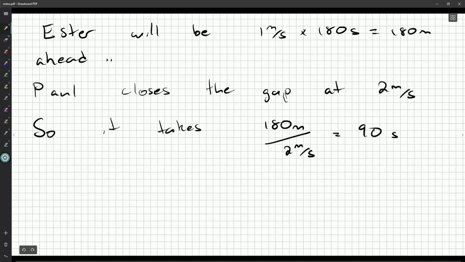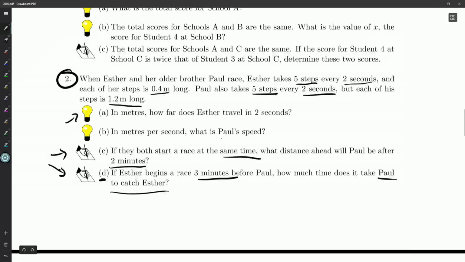So it takes 90 seconds, or 1.5 minutes, for Paul to catch up to Esther. And I think that's all we were asked for. How much time does it take for Paul to catch up to Esther? 90 seconds, or if you wanted to, you could convert it to 1.5 minutes, or 3/halves of a minute, that sort of a thing.